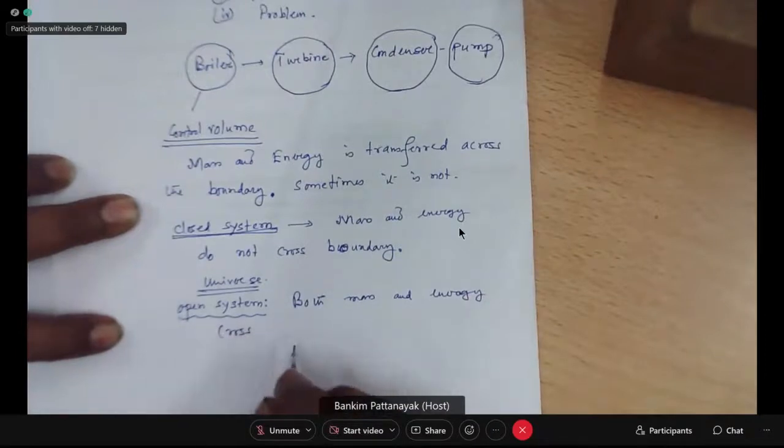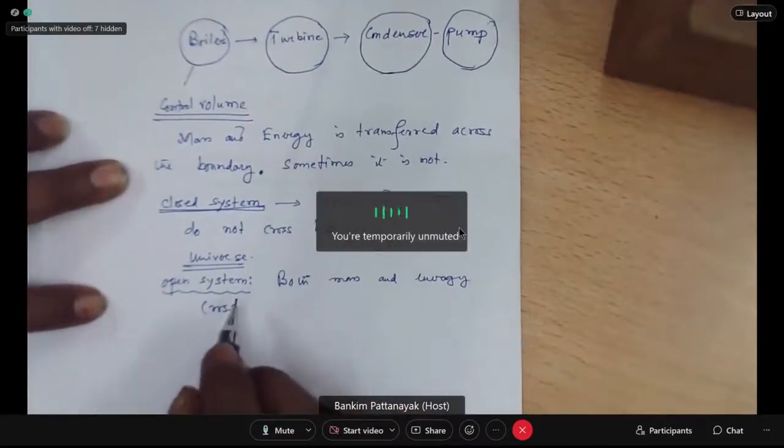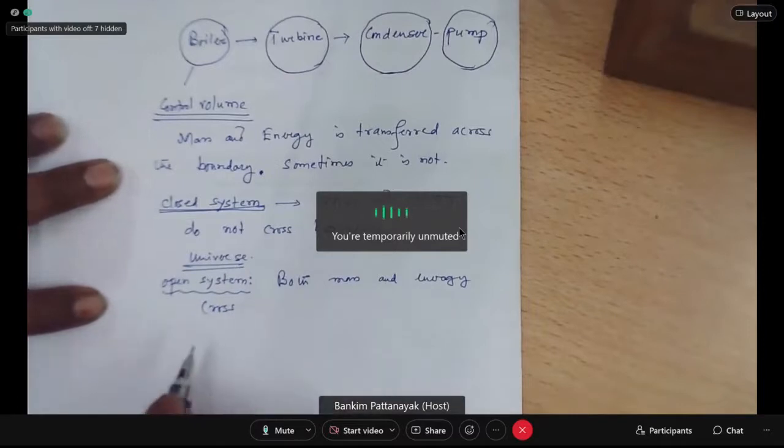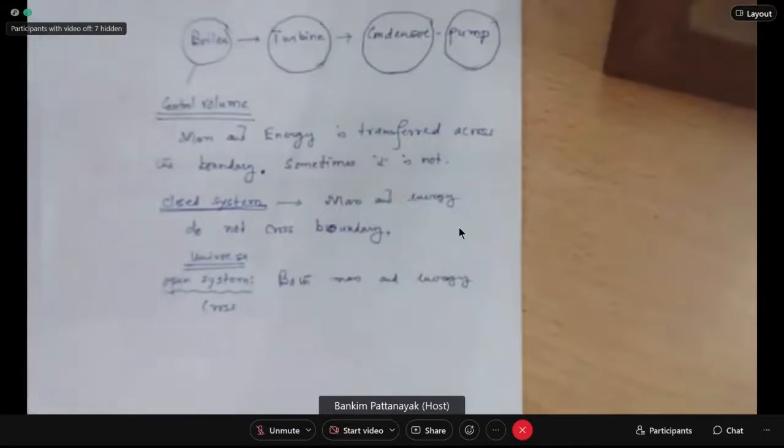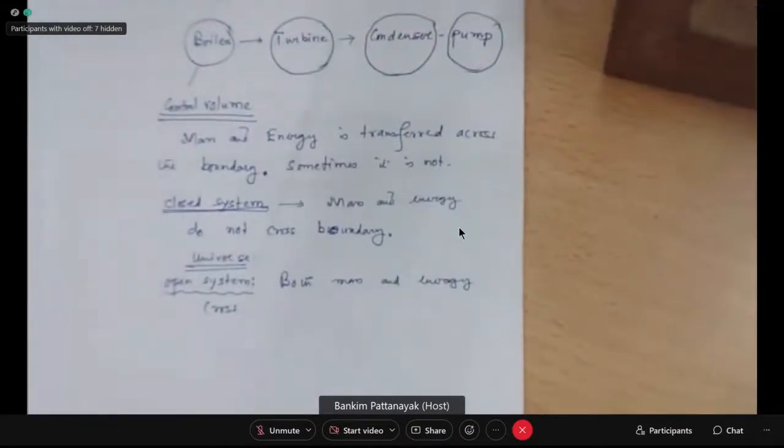cross the boundary. I'm sorry, I will not be able to send this one. This must be fair. People are waiting outside. I would be glad to let them in. Let me see.